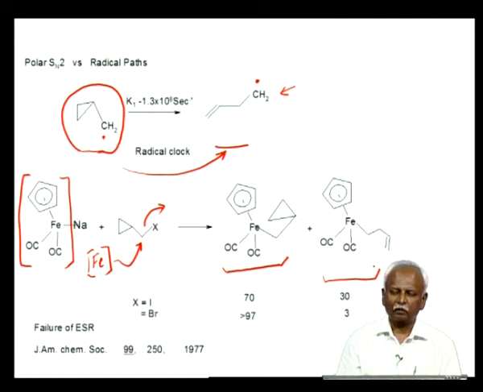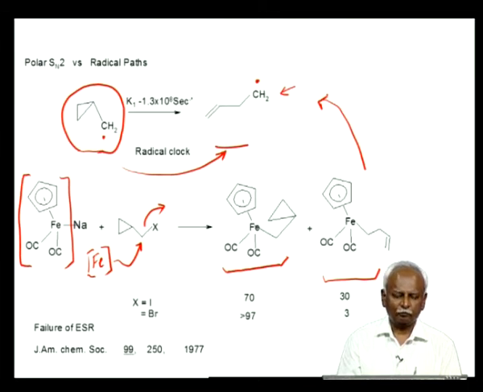That tells you that almost 30% of the reaction went through a radical pathway. So, a radical reaction has happened and the ring opened very fast, and that gave you the homoallylic product, which is indicative of the formation of this radical as an intermediate.